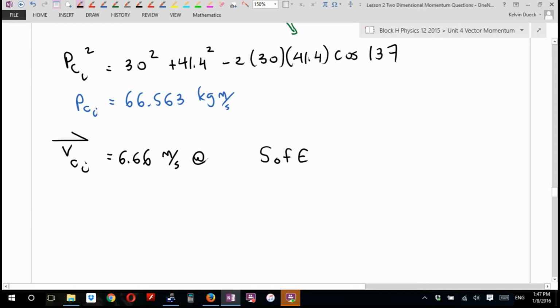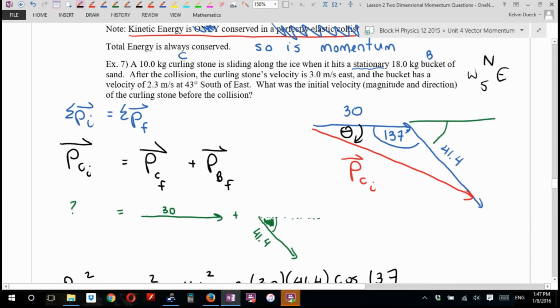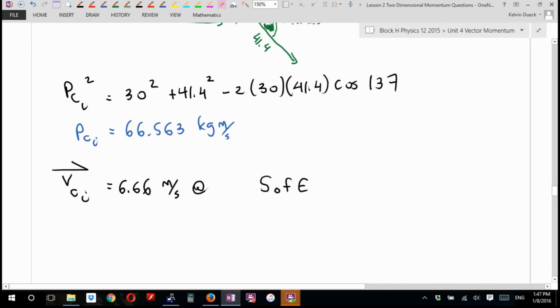How am I going to find theta? SOHCAHTOA? No, sorry. I think it's going to be the sine law, because now I do have a pair. Now I do know that, and so I have that pair there. Let me erase that, because that really gummed up the diagram. I think it's going to be this.